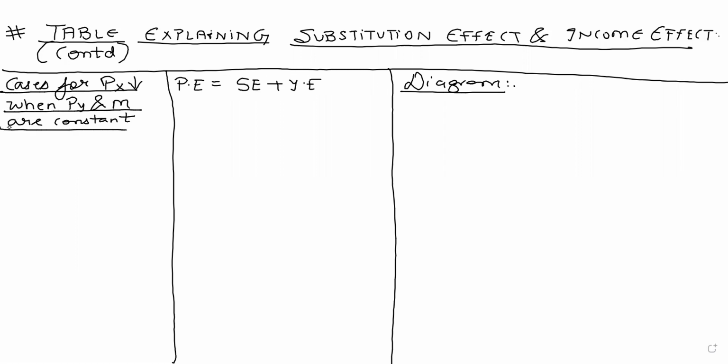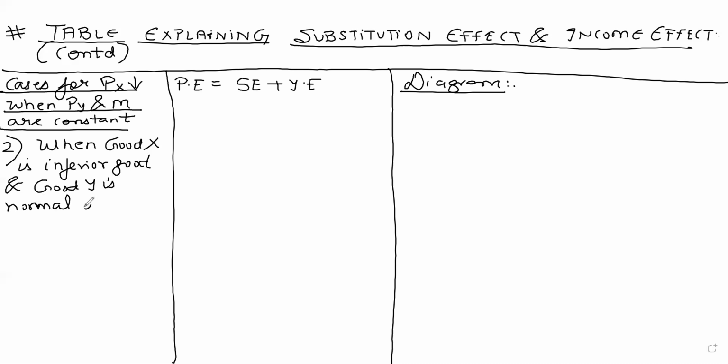Okay, so let's look at the second case in this lecture. The first case was done in the previous lecture. This is the second case when good X is an inferior good and good Y is a normal good.